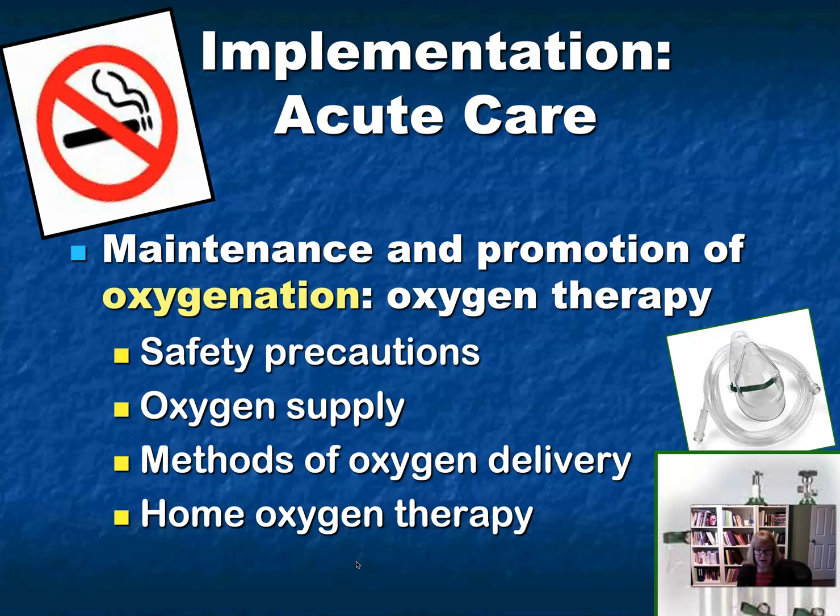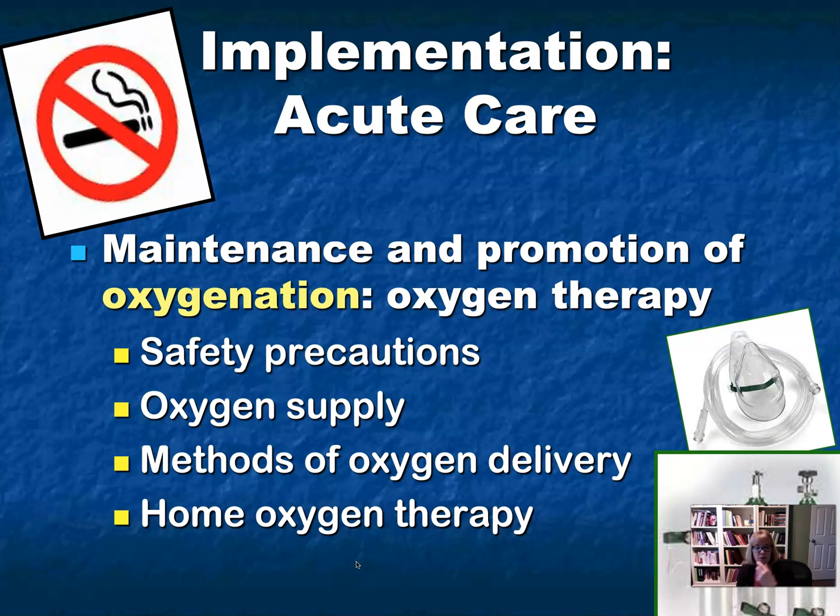Let's just talk about nasal prongs, nasal cannula, what we're most familiar with. If someone has nasal prongs in and the doctor prescribes 1 liter of oxygen, then the FiO2, or the concentration of oxygen now, goes up to 24% with 1 liter. Why not 100%?